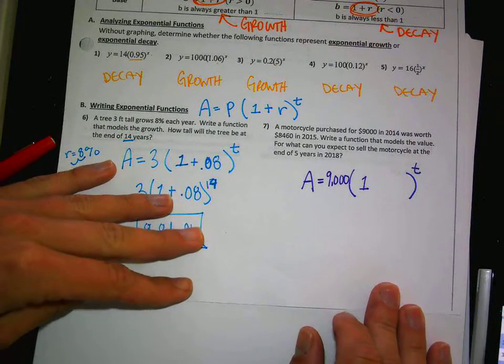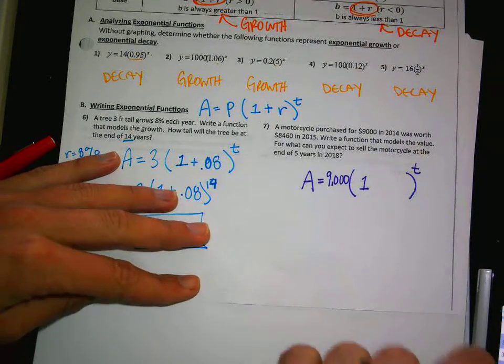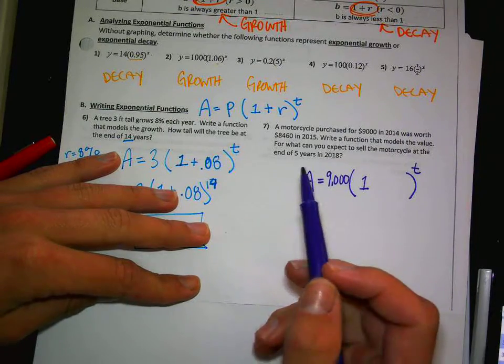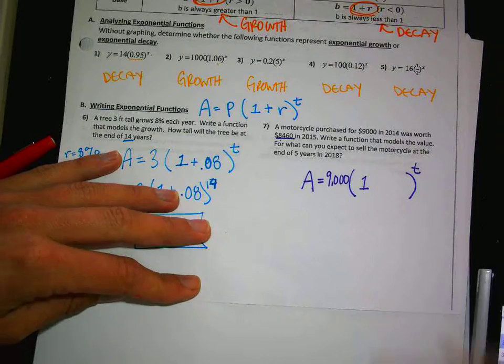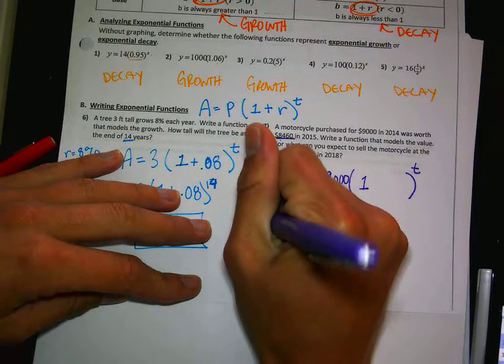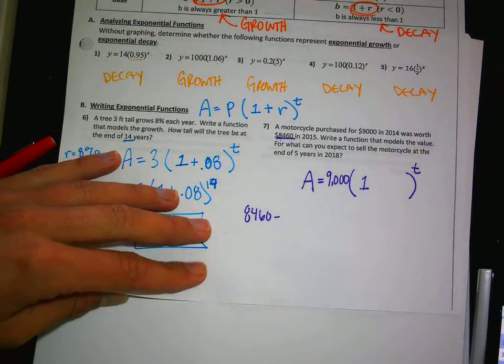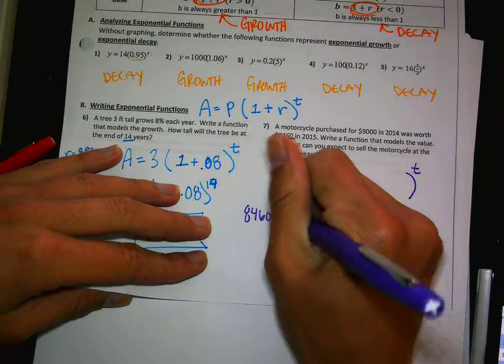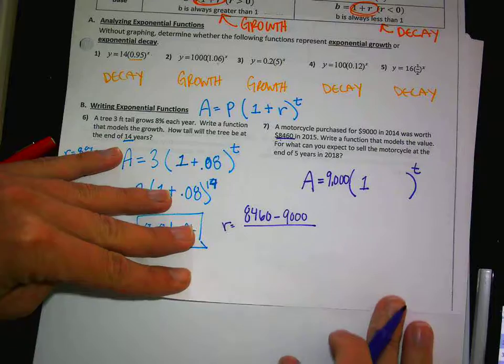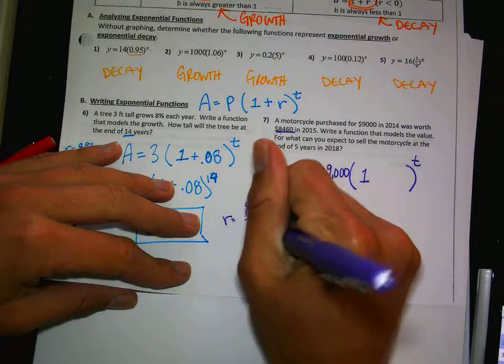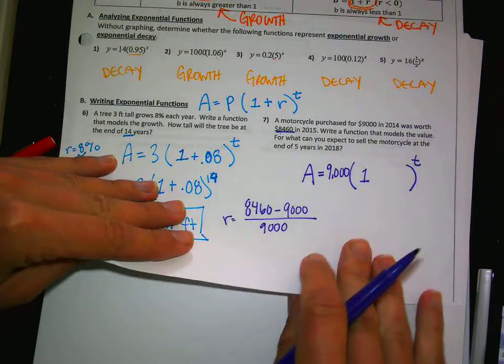So what would be my final value? 8,460, because a year later your final value is 8,460, minus your initial value, which is your starting value, 9,000, over your initial value again, 9,000.